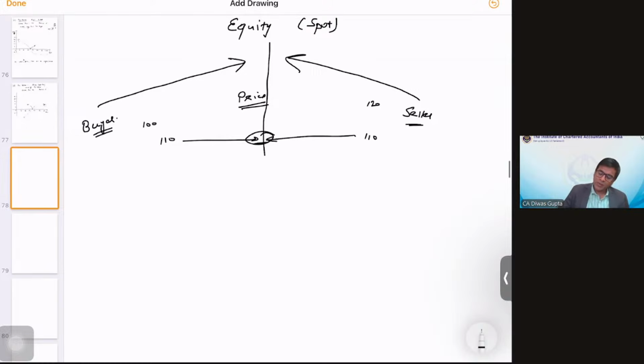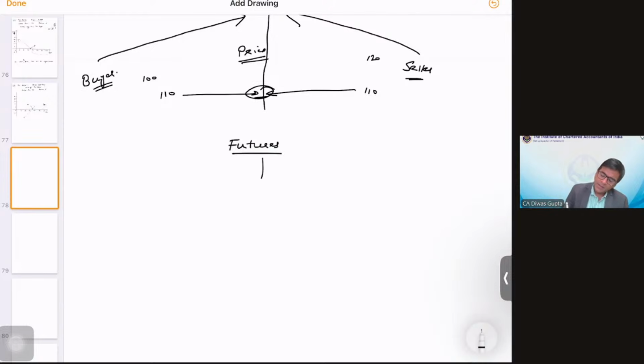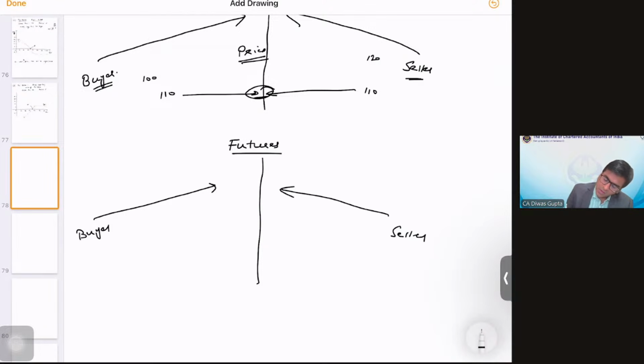Similarly, students, what happens in case of futures? So for futures, what do you think will be dealt with on the stock exchange with the buyer and seller? There is a buyer of the futures, there is a seller of the futures. We discussed, right? Futures are traded on a stock exchange. Forwards are not, because forwards are customized.